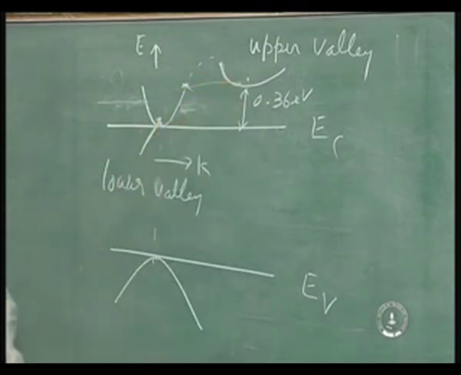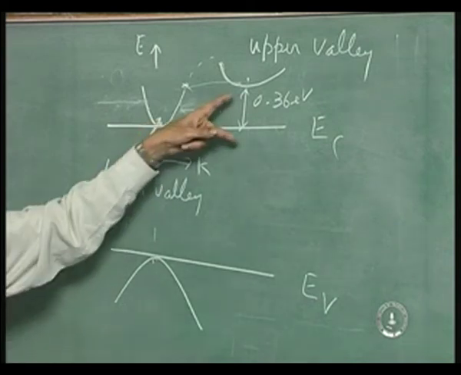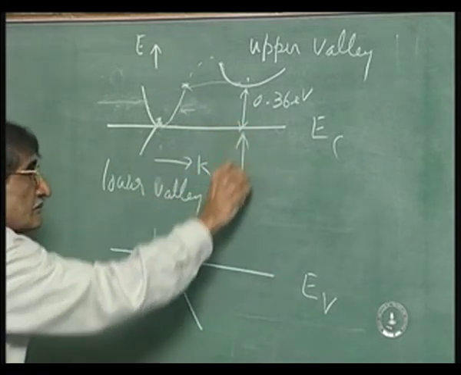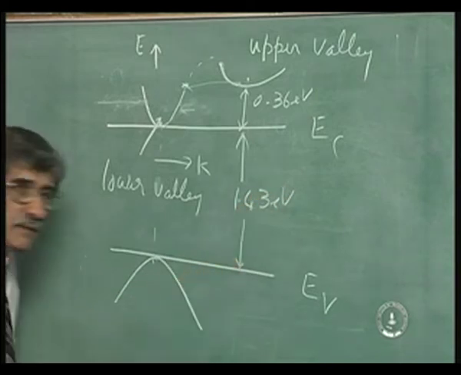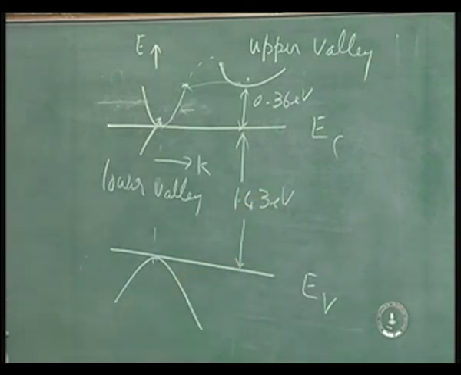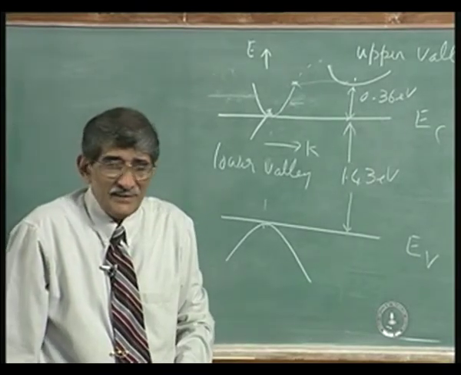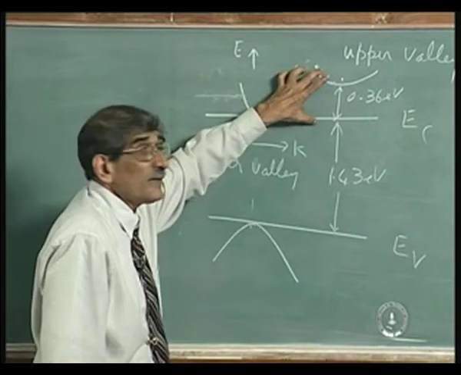You would have got one velocity corresponding to this region, because it is 0.36, and this actually is how much? 1.43 electron volts. See, once we understand this, we can zip through the derivation of the whole thing very easily. That is 1.43. If this were 1.43, what would happen?